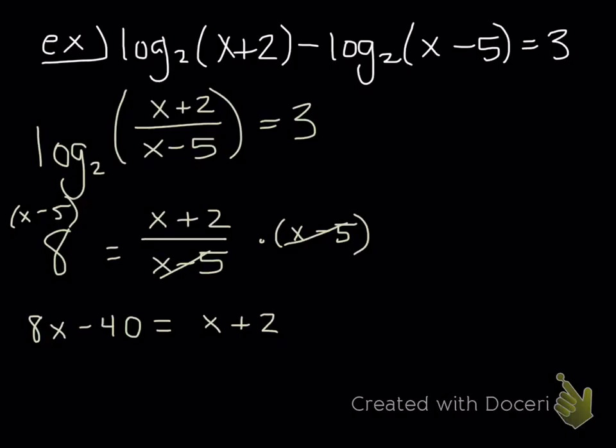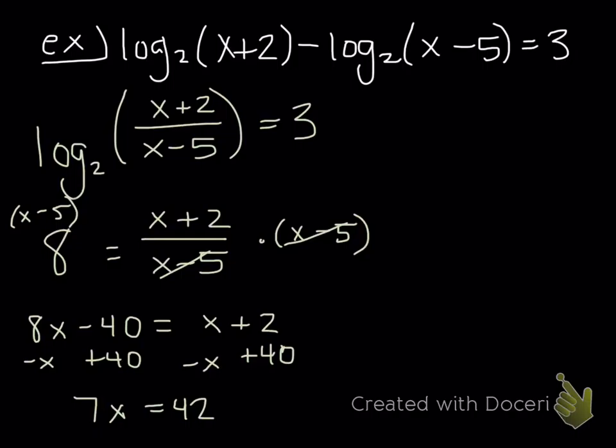It is not to the second power, so I will not be doing any factoring, which means I don't want to set it equal to 0. It means I want to get all my x's on one side and numbers on the other. So I would want to add this 40 over, and I would want to subtract this x over. So I get 7x equals 42.